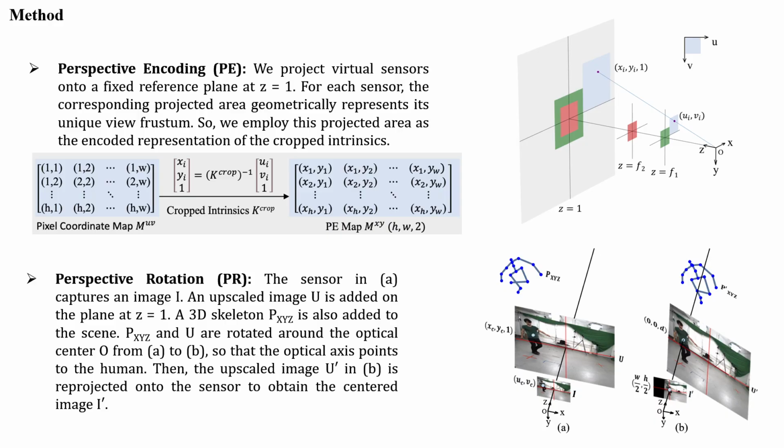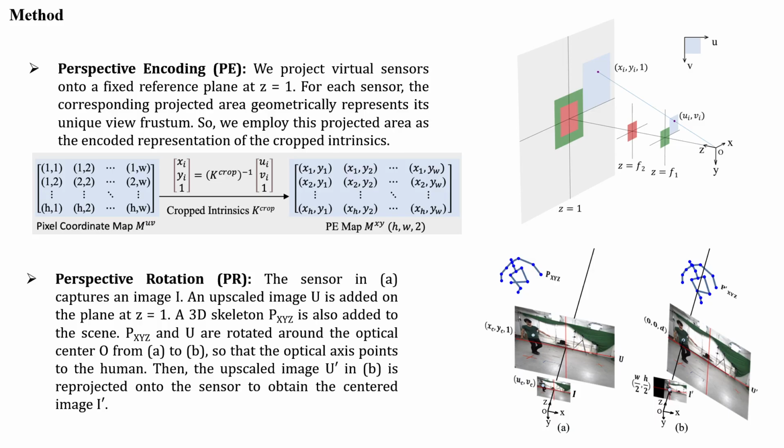It means if a ray is projected from a particular joint of PXYZ toward the optical center O, the ray passes through the corresponding joint in the original image I on the sensor, and also through the corresponding joint in the upscaled image U. Next, rotate the 3D skeleton PXYZ and the upscaled image U around the optical center O from A to B, so that the optical axis points to the human subject.